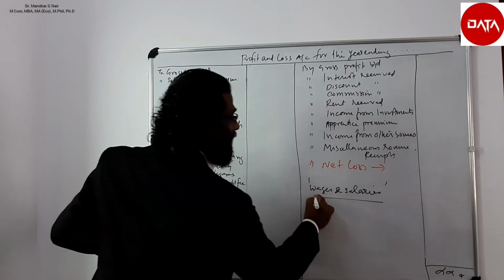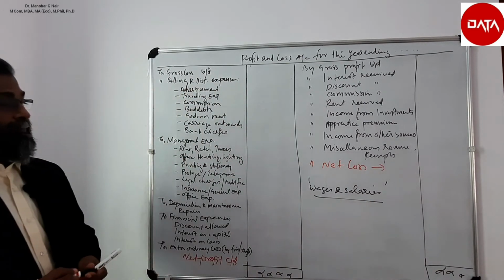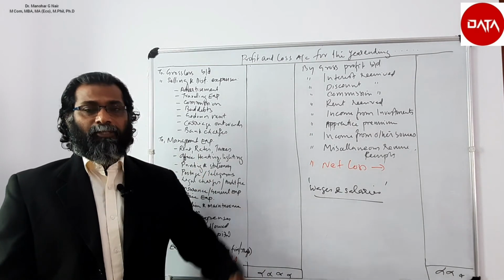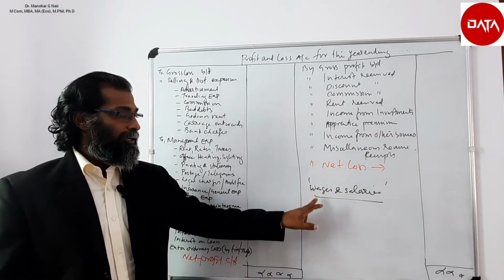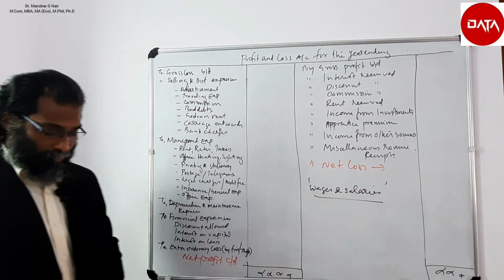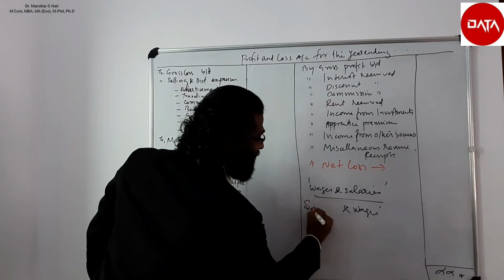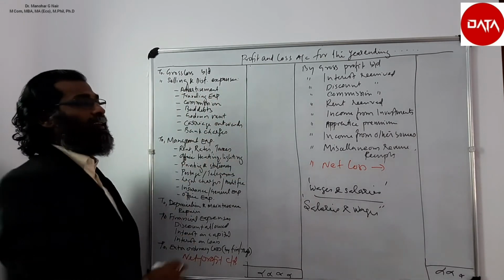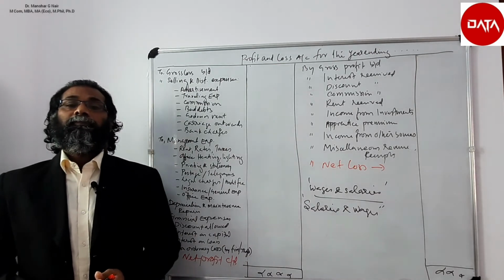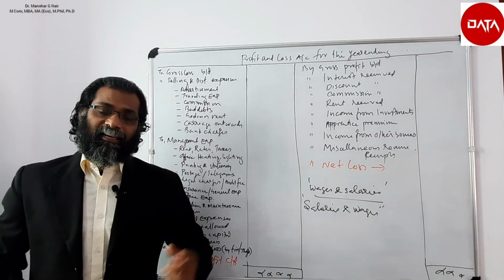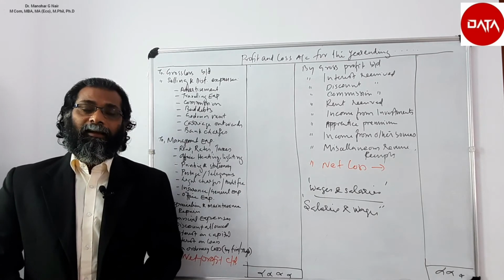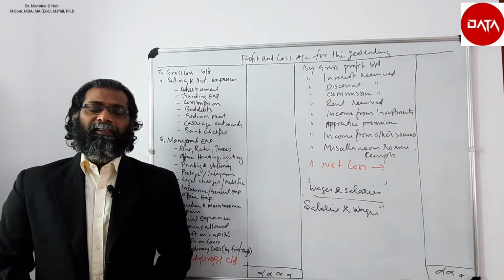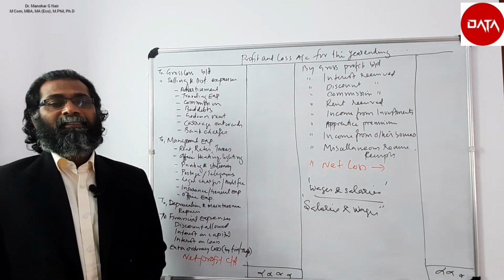Suppose the item is named like wages and salaries, then it should be placed in the trading account, and the priority is for wages account, so it is to be placed in the trading account. If it is given as salaries and wages, then it is to be placed in the profit and loss account. If wages and salary is given, it is to be placed in the trading account. If salaries and wages, then it is to be placed in the profit and loss account.